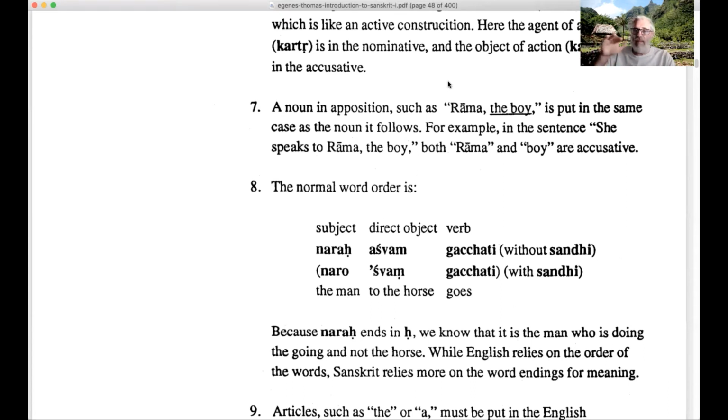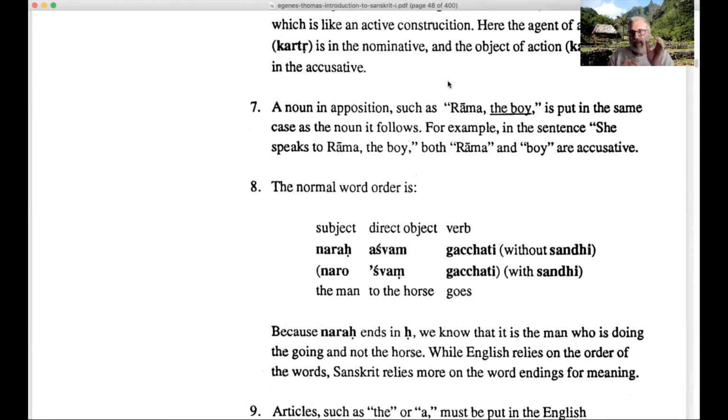Similarly, if I say Rama the king rules Ayodhya, Rama and the king are both in the nominative. They're both in the Pratama Vibhakti. So this is what happens when you have nouns in apposition. Nouns in apposition are very much like adjectives. In fact, in Sanskrit, adjectives and nouns are basically the same thing. So you have one noun which describes another noun. We have here, for instance, Rama the boy or Rama the king.